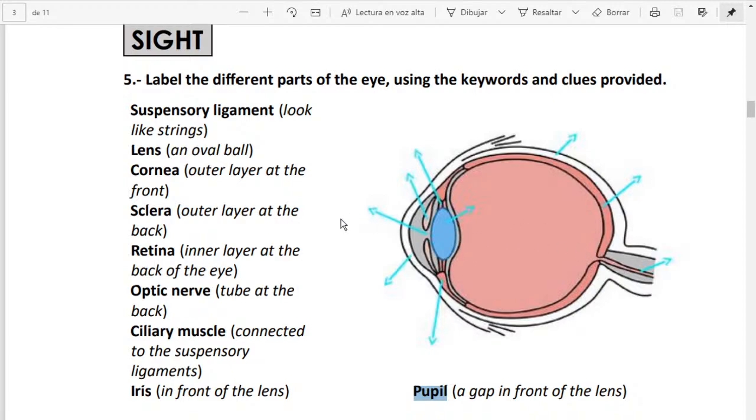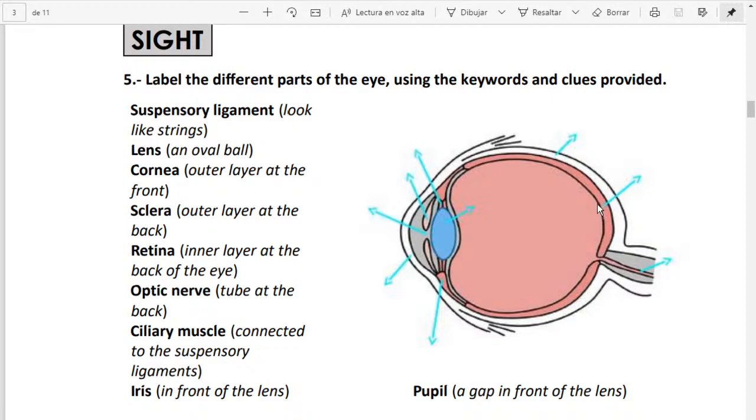You have light energy that is entering here, and then when it hits your retina, your retina is able to transform this light energy into electrical energy.